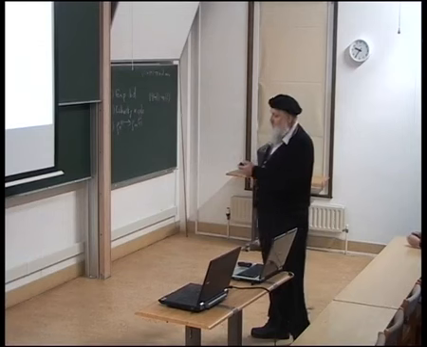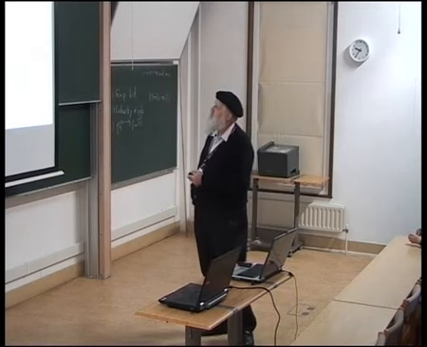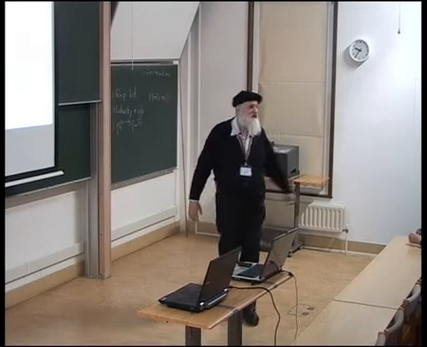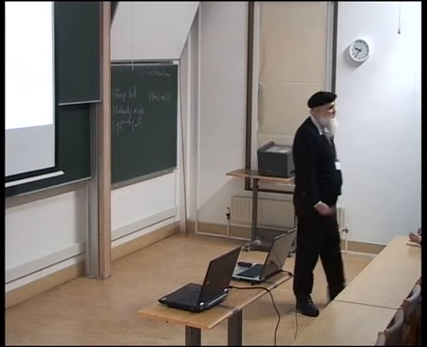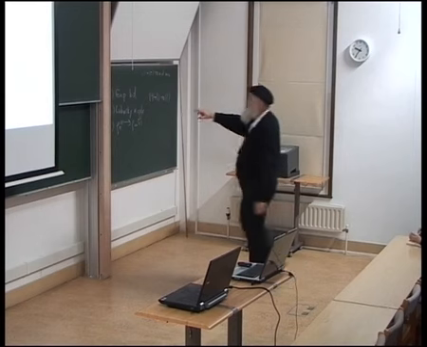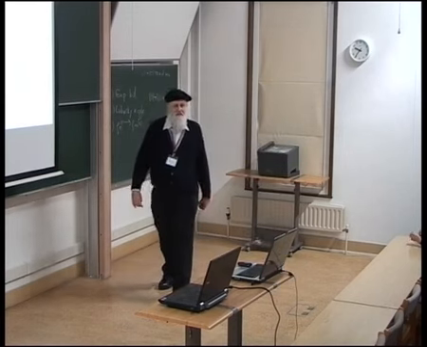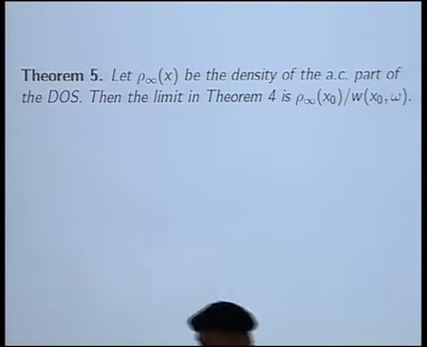So if rho infinity is the AC part of the density of states, then in fact the limit in theorem 4 is given by what you think it's given by, namely when I multiply by W, the rho n converges to the density of the absolutely continuous part of the measure, and that turns out to be more subtle than one might think, and I'll say something about the proof, I hope, later. So those are the theorems.